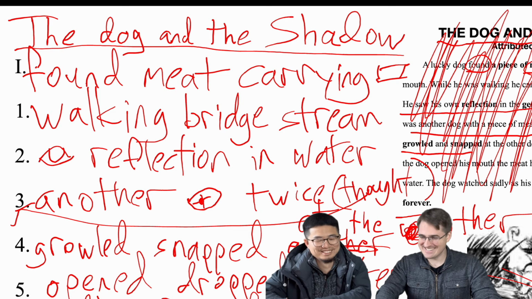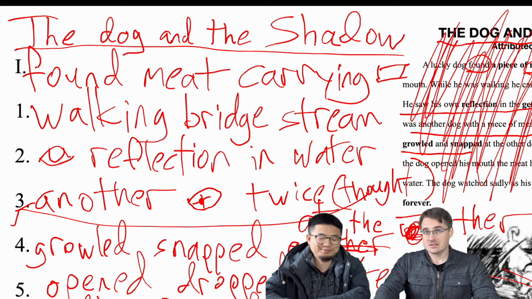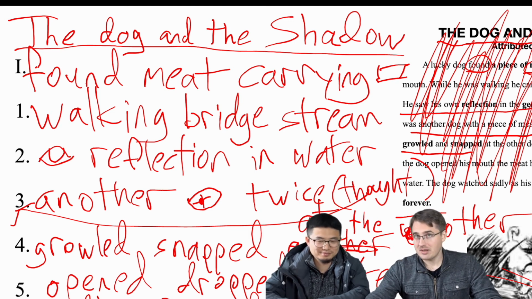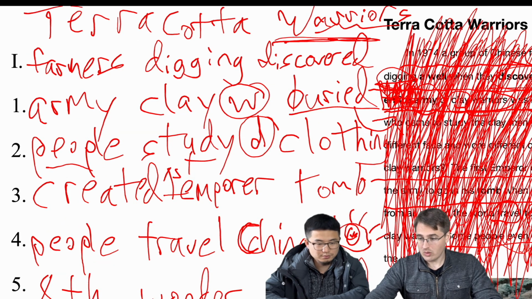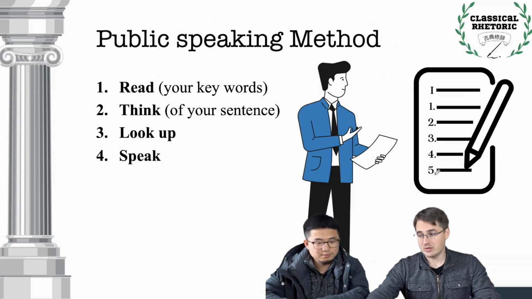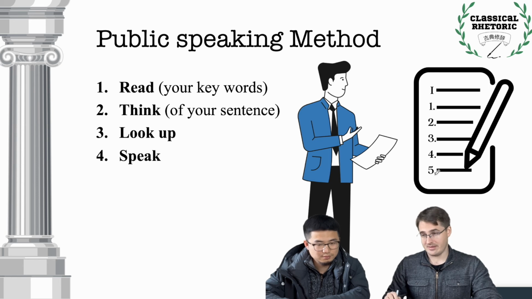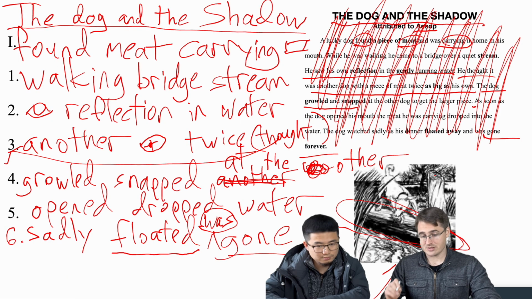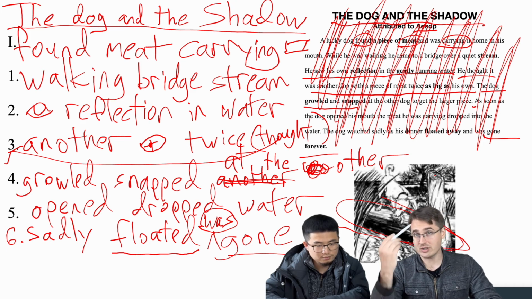All right. Great. So your job after class is to choose one of your KWOs, either the dog and the shadow or Terracotta Warriors. And I want you to use the public speaking method to retell the story. The public speaking method in our class is first, read your keywords. So we'll use the dog and the shadow. Read them in your head.